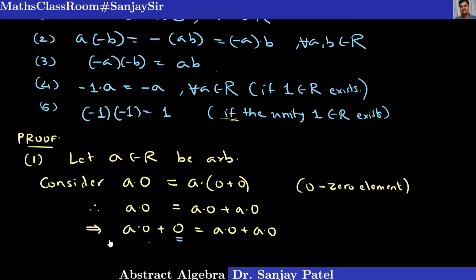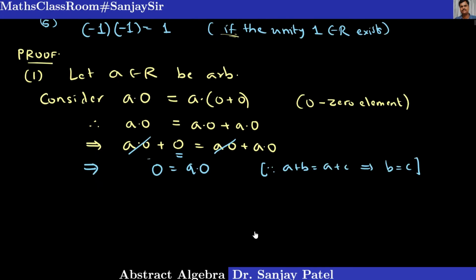So the cancellation law for addition holds, and therefore I can cancel this element and write 0 is equal to A into 0, because we know that if A plus B is equal to A plus C in a group, then B equals C, and R is a group with respect to plus.